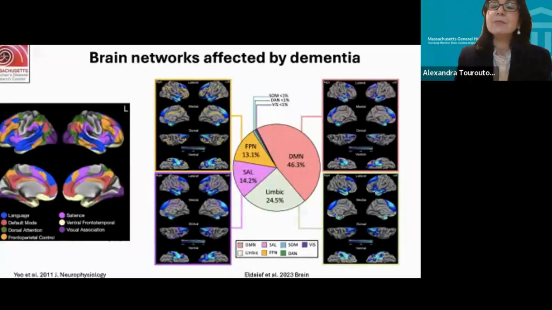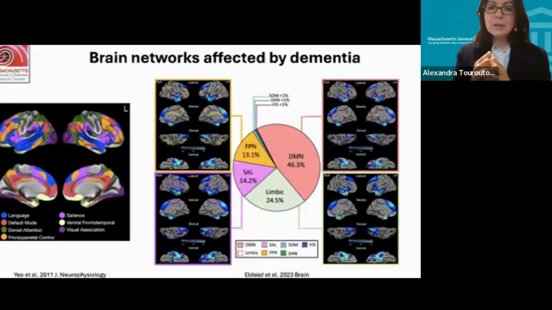the value of looking at using functional MRI to look at the brain networks that are affected by dementia. This is an important topic because, as we know, no brain region is an island. Brain regions are connected with each other and they form networks. They communicate with each other.